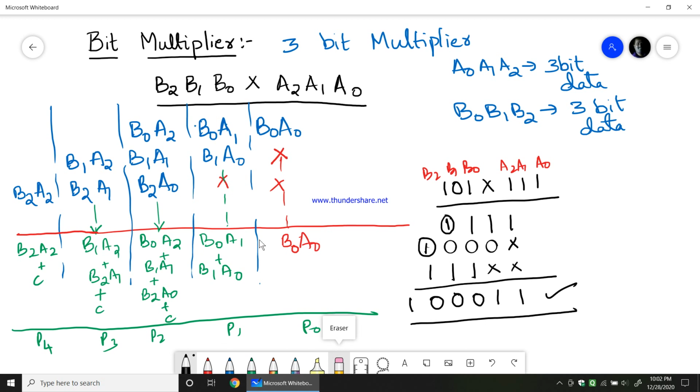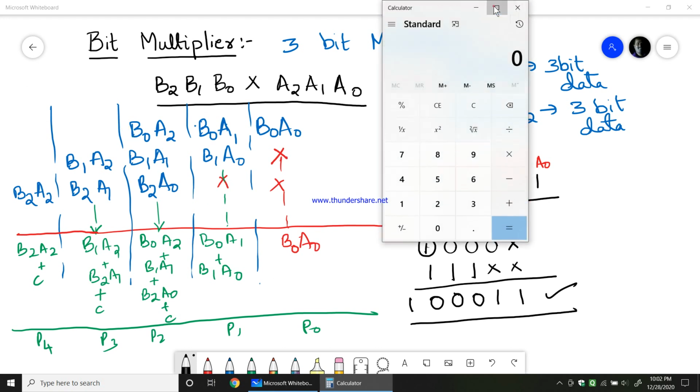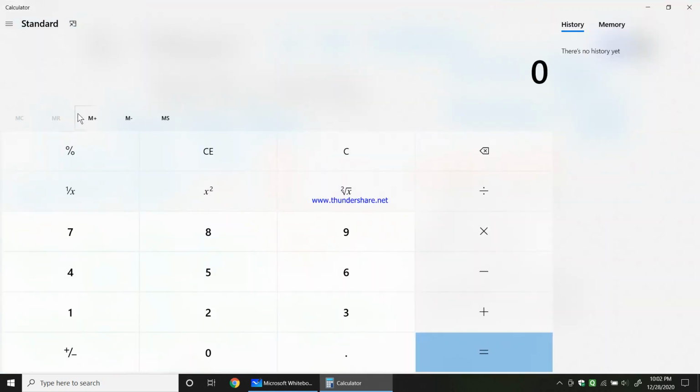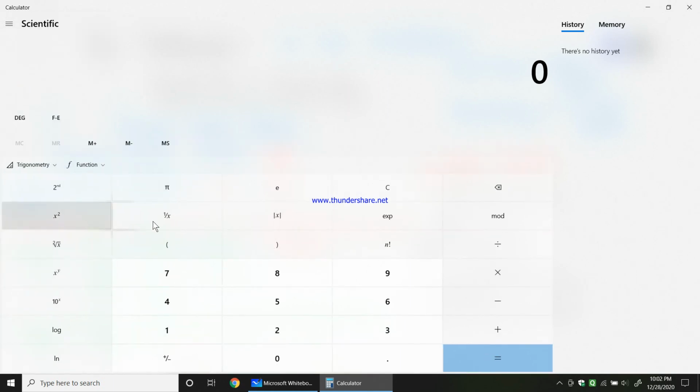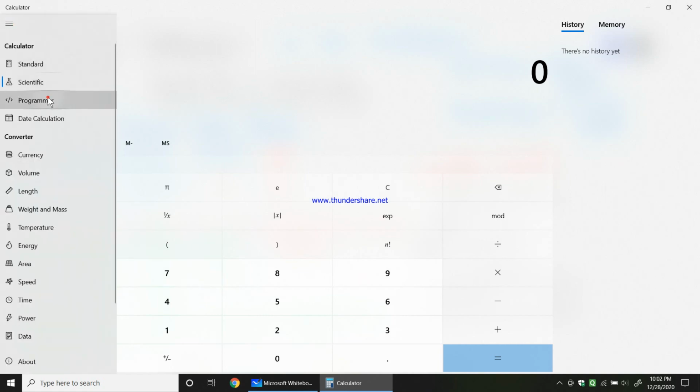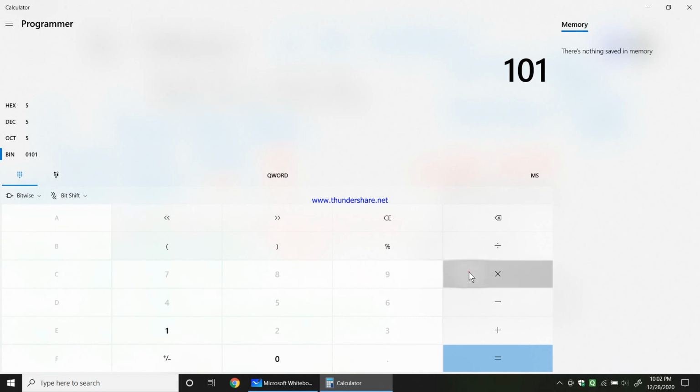Okay. So let me show you in the calculator how binary multiplication and division are done. Now I'll keep this in binary. For that I need a scientific calculator, in programmer mode for binary. Now I'll take 101 multiplied by 111 and see the result.